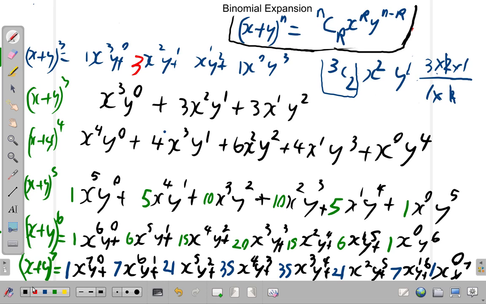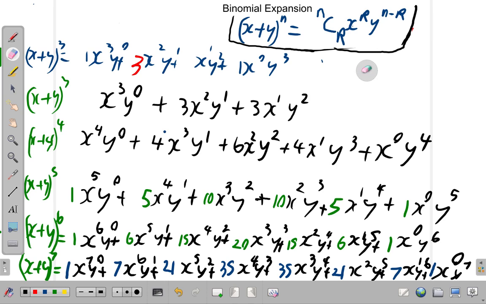Alright. Now the next thing. When you have x to the 1, y to the 2. Looking at the formula, you see nCr, x to the r, y to the n minus r. Now look at the formula carefully. You have 3C, whatever r is, x to the 1, y to the n, which is 3, minus r.